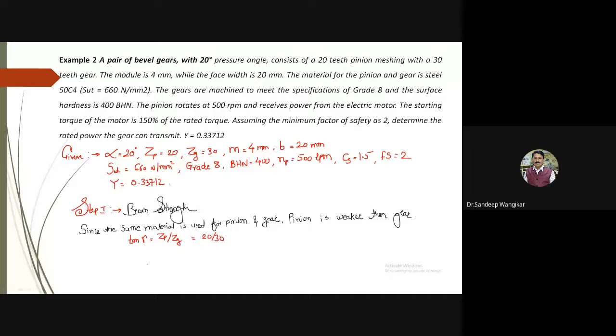Gamma is equal to tan inverse. Tell me the answer. You will get gamma value as tan inverse of 2 by 3, or 20 by 30.